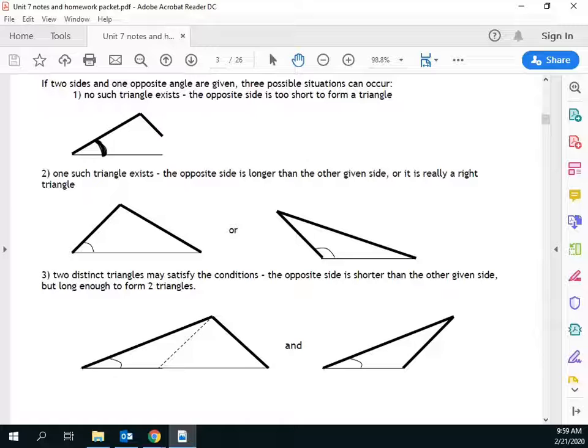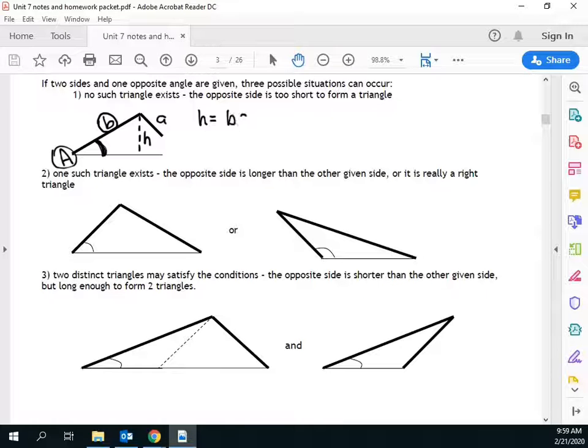And what they've done here to figure that out is they said this. If this is angle A, this is H, this is B, and therefore that's A. That's what they've given you. They've given you angle A, side B, which is next to A, and side A, which is opposite of A. And the idea is this: take this length and multiply it times the sine of that angle.